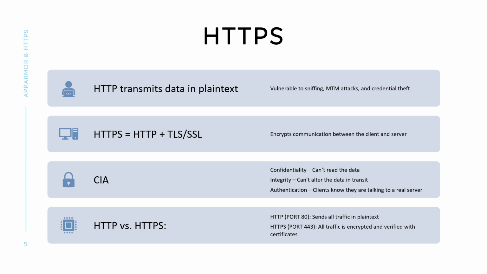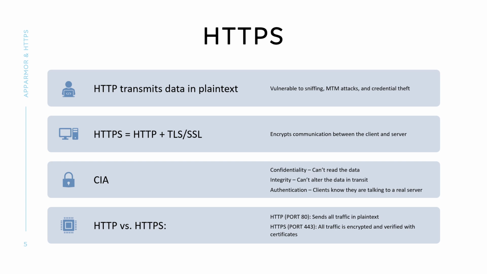So when a client connects, TLS is going to negotiate that encrypted session before any HTTP data is exchanged. So again, it's making sure that that tunnel, that encrypted channel, is built the way that it should be before any data is shared with each other. So in cybersecurity, we all know the holy trinity of security, which is the CIA: confidentiality, integrity, and authentication.